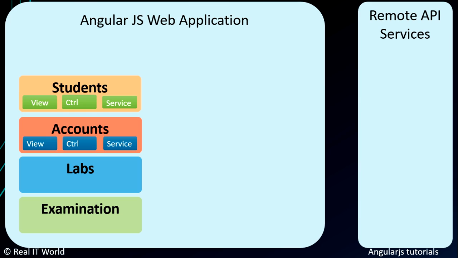Every module contains all these three components: view, controller, service. For the data flow between these three components, we communicate from view to controller. If somebody clicks on a button on a view, it immediately submits to the controller, not to the service. Then the controller will interact with the service.